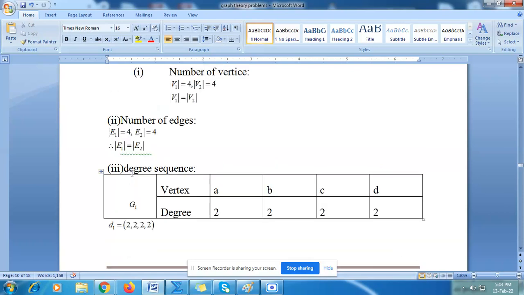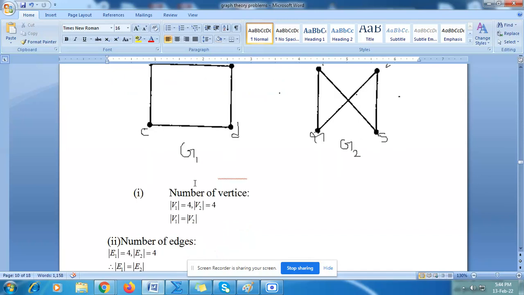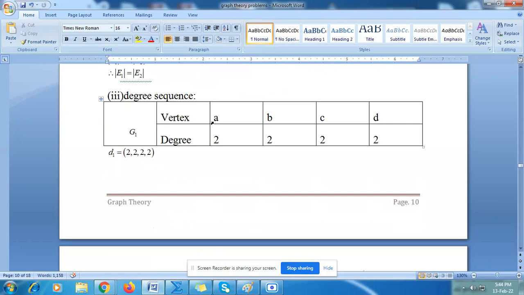Now find the degree sequence. Here the degree of vertex A is 2 because there are two incident edges from A. So each vertex has degree 2. That means vertices A, B, C, D each have degree 2.